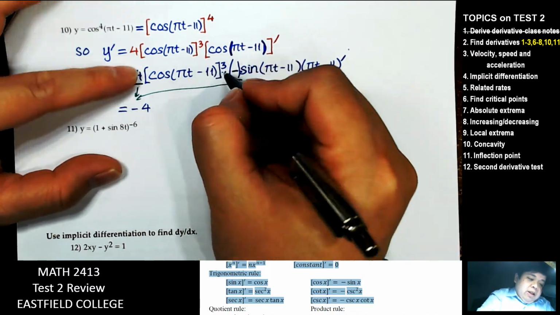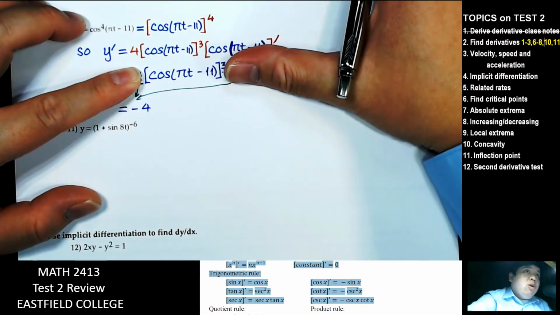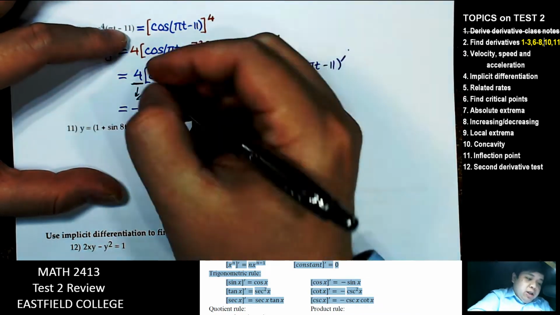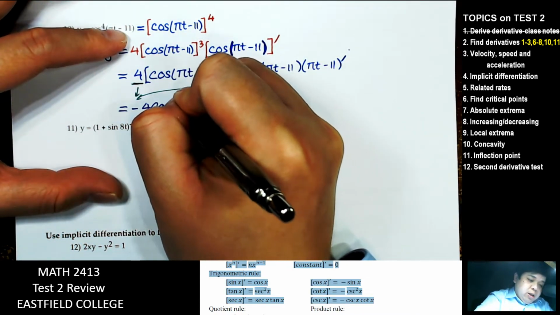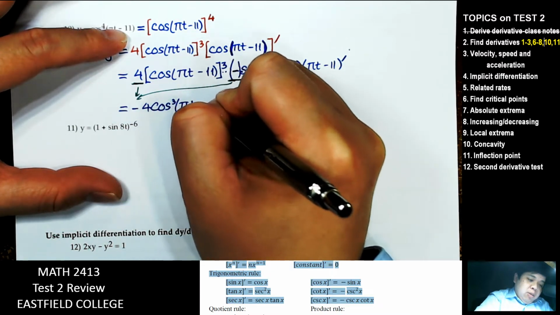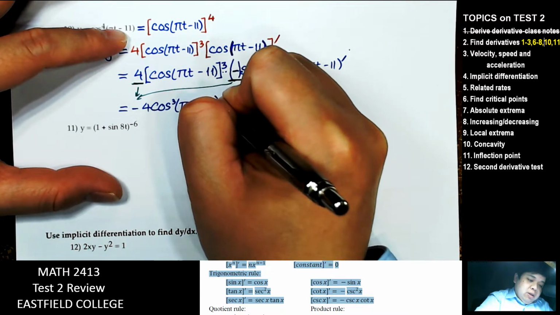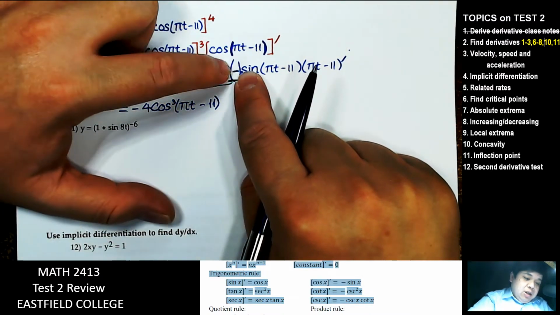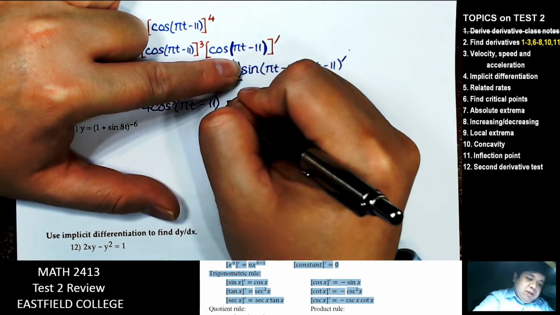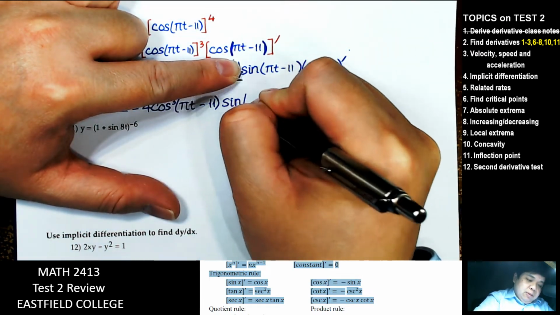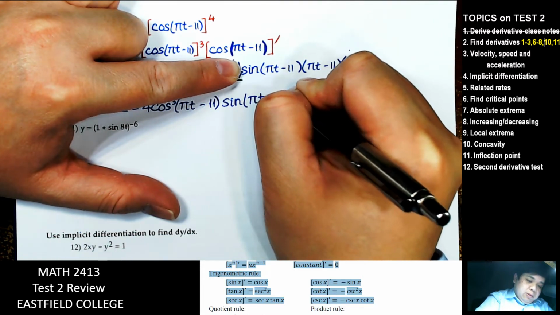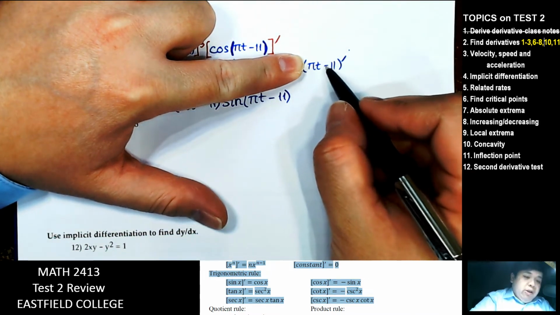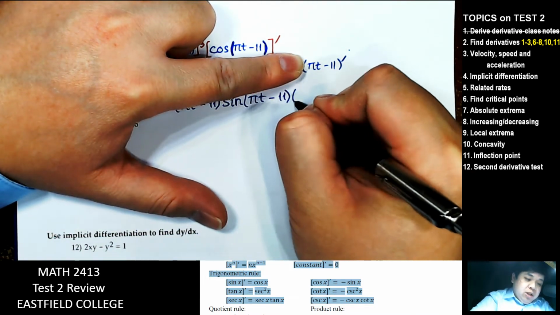Now focus on this only. The 3 can go to the cosine, so we can write cosine cubed of pi t minus 11. The minus we already took care of, and now we just have sine and then the derivative of this. The derivative of t is 1, so pretty much we just have pi.